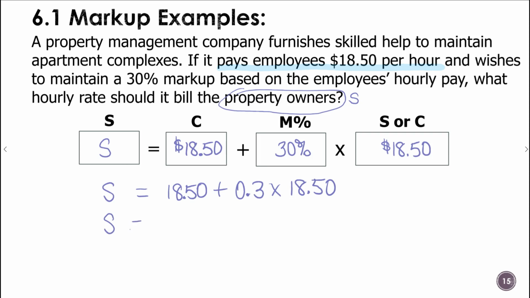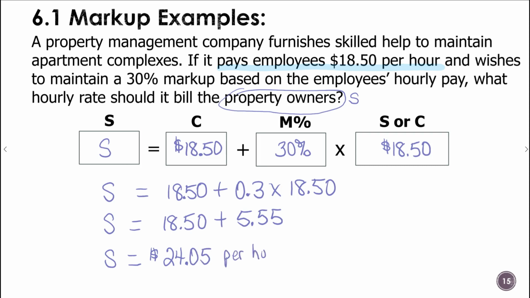We're going to multiply the 30%. So it's $18.50 plus, this is a weird number, right? $5.55. So selling price, in other words, what amount they bill the property owners will be $24.05. And remember, that is per hour. All right, that's the hourly rate.